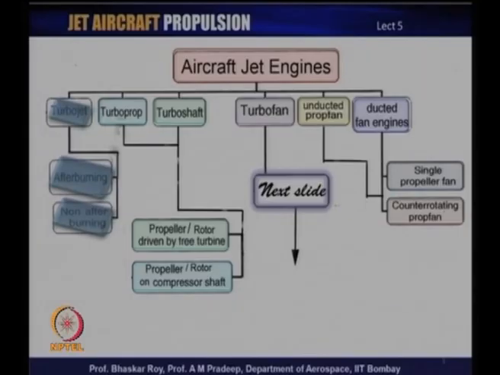We will talk a little on the turboprop and turboshaft, which very broadly can also be categorized as jet engines, in the sense that they use the basic engine which is the same as a jet engine, that is the gas turbine engine.